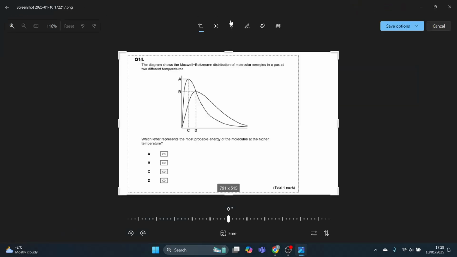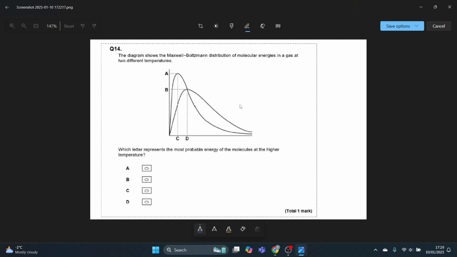Which letter represents the most probable energy? A lot of these multiple choice questions are at the higher temperature, so that's very specific. Well, it can't be A or B, because that's not the energy, that's the number of particles, and it's on the wrong axis.